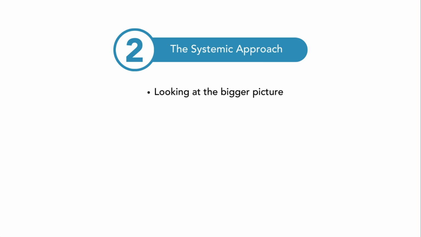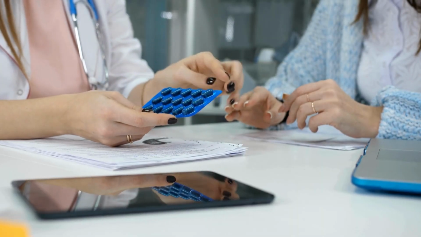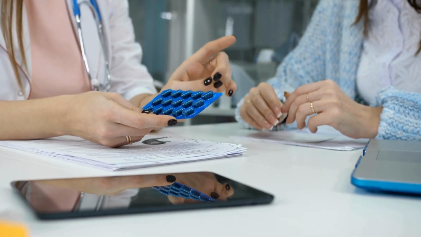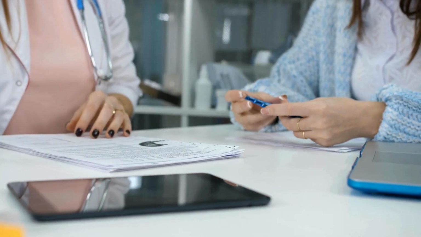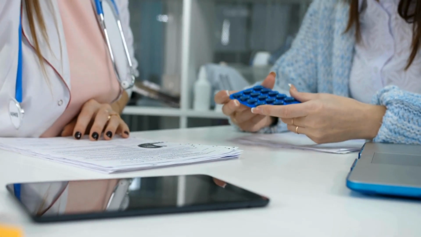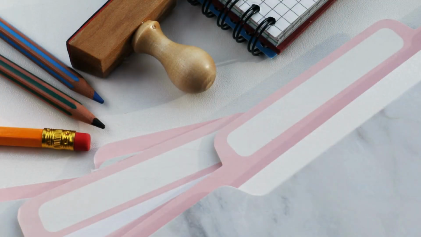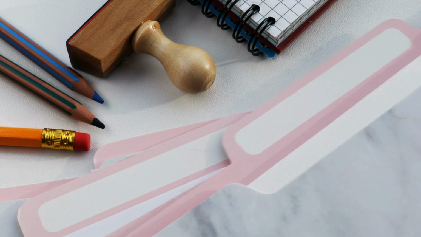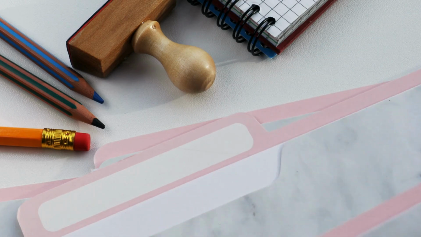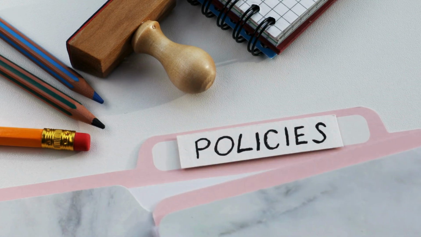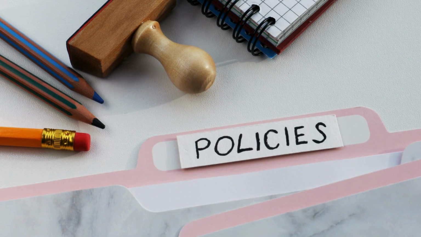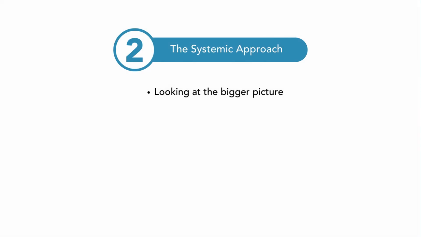When introducing or launching a new medication or therapy, for example, it's very important to consider how changes in one area can impact this launch, like how changes in one policy in a regulatory system should impact other areas like supply chain, pricing strategies, or even patient access. So, looking to the bigger picture is the systemic approach of strategic thinking.